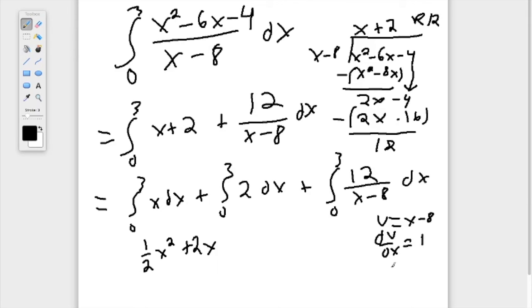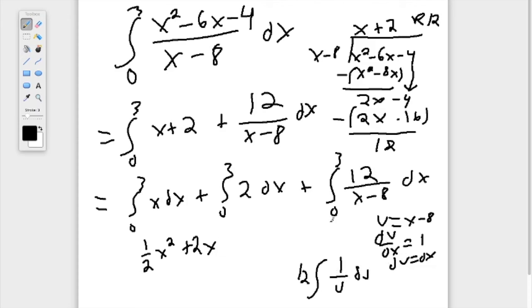So du equals dx. So I'm going to rewrite it here. I'm going to bring the 12 out now, and then 1 over u du.